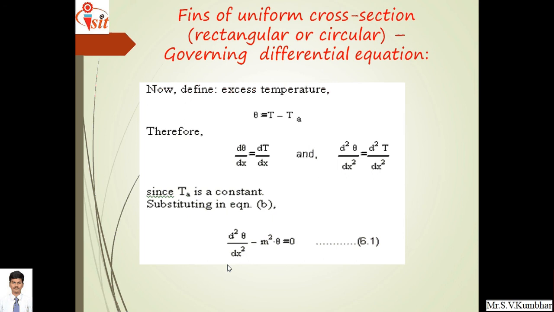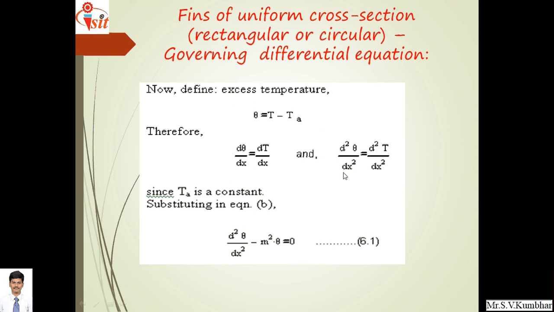Now if you differentiate this with respect to x, we will get d theta upon dx equal to dT upon dx, as the ambient temperature remains constant, so its derivative with respect to x will be 0.